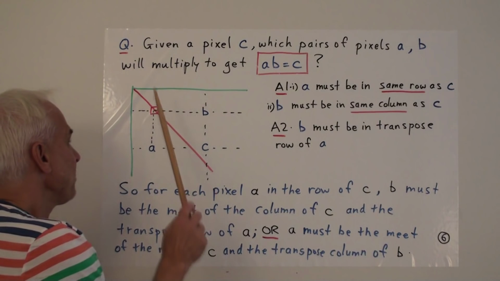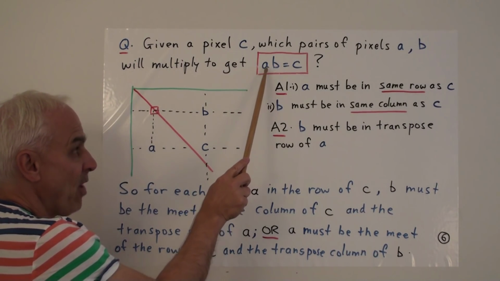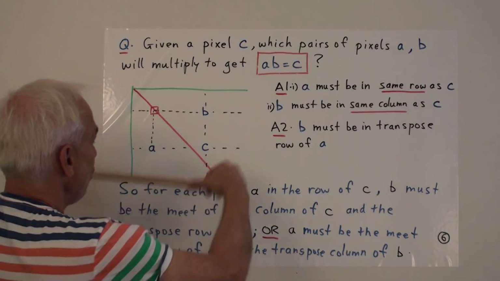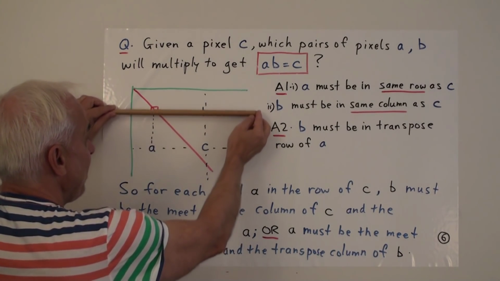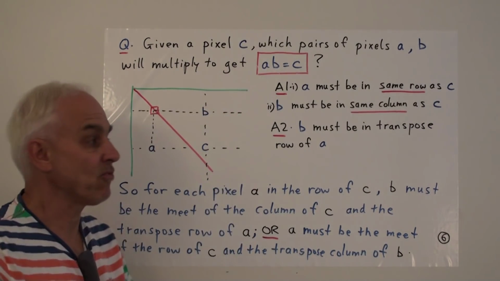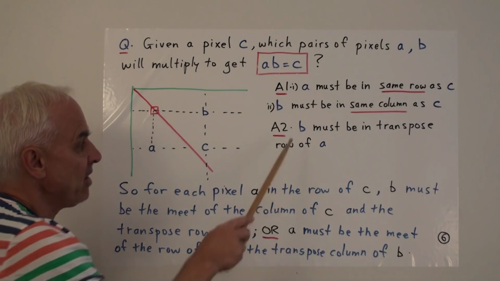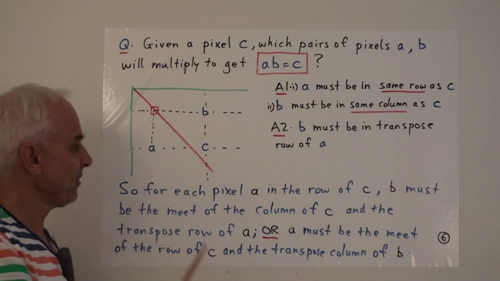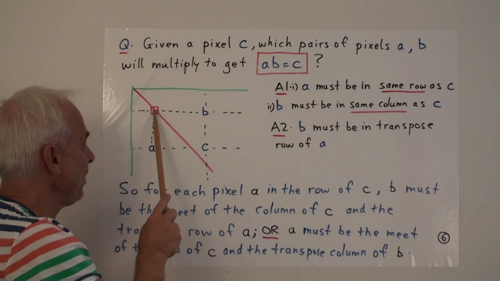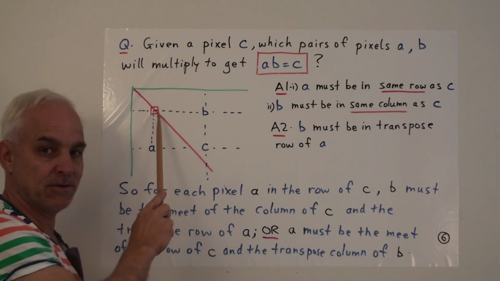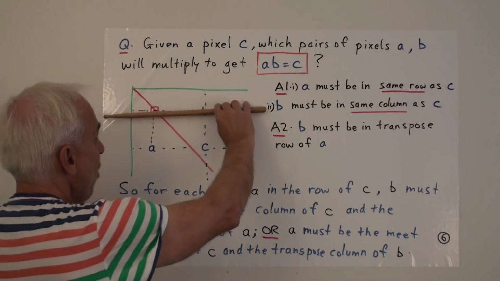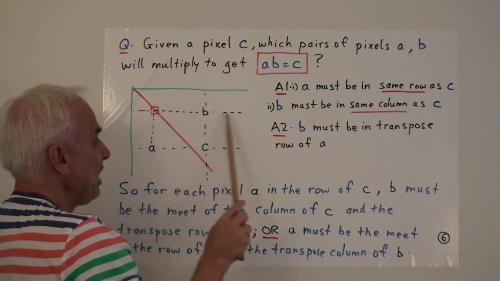Well, remember that from the A point of view, if we want something to multiply the A, we need to look at something which is in the transpose row of A. This B must be in the transpose row of A. So if here's A, we go up its column to the diagonal, to the pivot, column pivot of it, then the row through there is where B must come from.